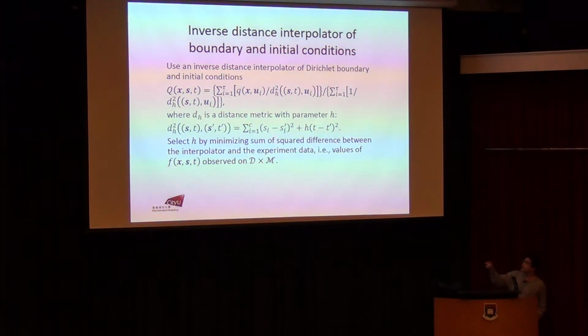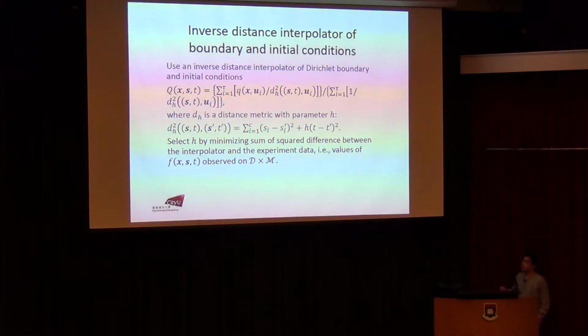This d_h is a distance metric with parameter h. The squared distance d_h squared between (s, t) and (s prime, t prime) is the squared Euclidean distance between s and s prime plus a parameter h times the squared difference between the times t and t prime. We need to introduce parameter h here because space and time are measured in different units.